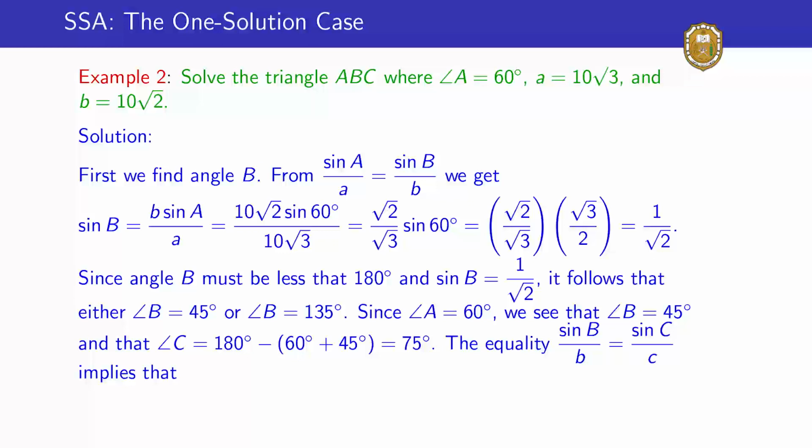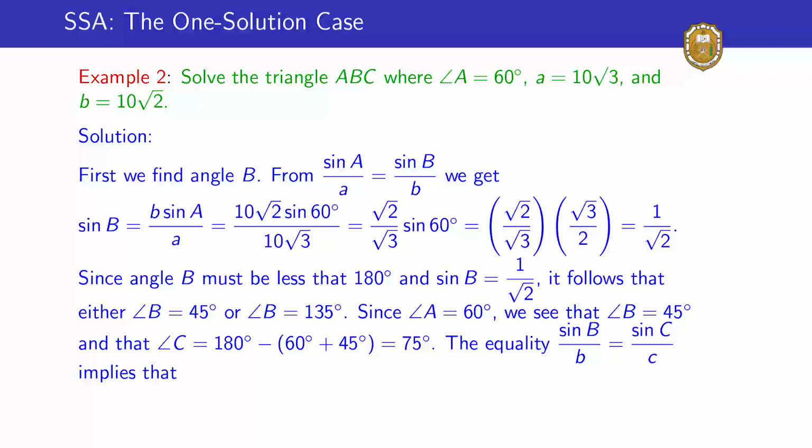Why? Because 135 plus 60 is already more than 180. Since A, B, and C are angles of a triangle, A plus B plus C should add up to 180 degrees. So that leaves us with only one option, that angle B is equal to 45 degrees.